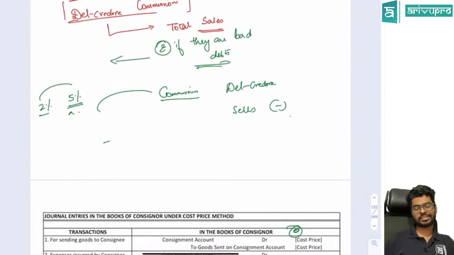Sir, in case it's a del credere commission, if the customer does not pay, you will reduce the money from the consignee and then pay the money.